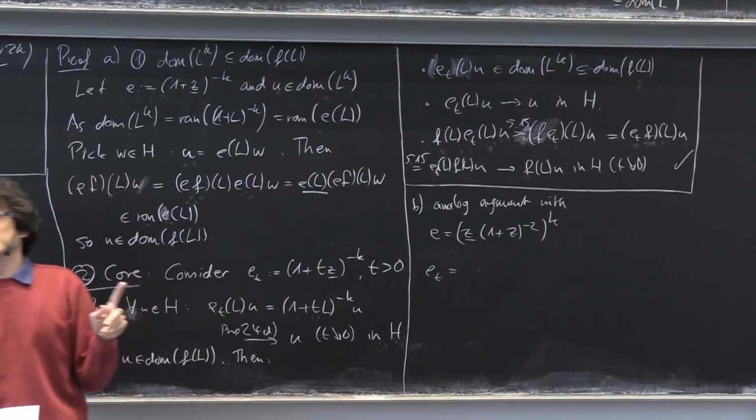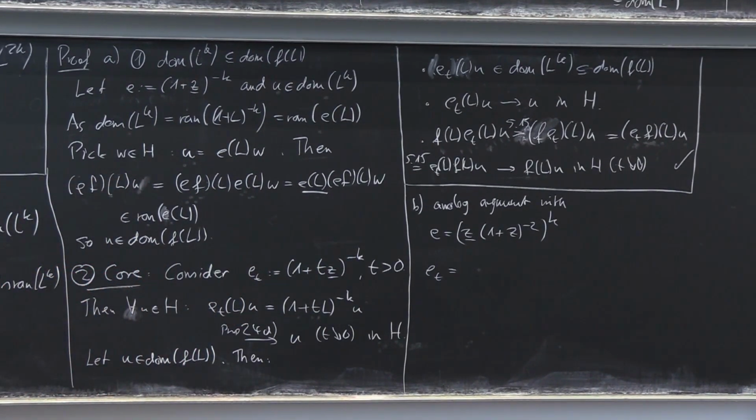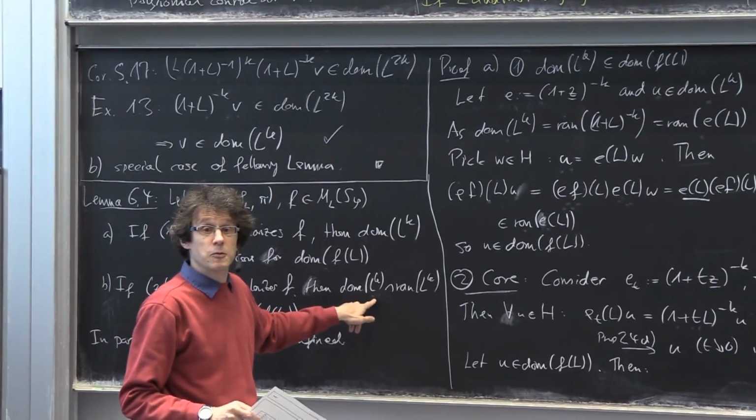And for this it's good to think about what did we need about E and Et to make the proof work. Okay, we needed that E and Et regularize our function, and that they map inside the domain of L to the K. Here we have to make sure that they map into this one, because that is the one we want to show is a core.